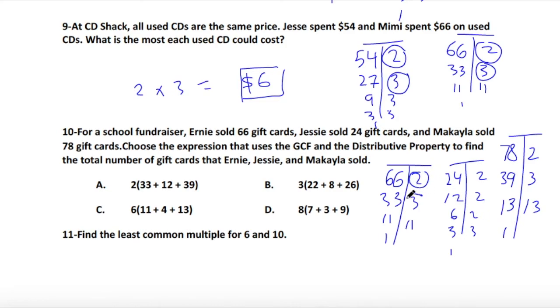So the common here, 2 and 3, which is 6. So now we will take 6 as common factor, and remember at first one will be 11, at second one will be 4, as you can see, 2 and 2, and at third one will be 13, which is C.